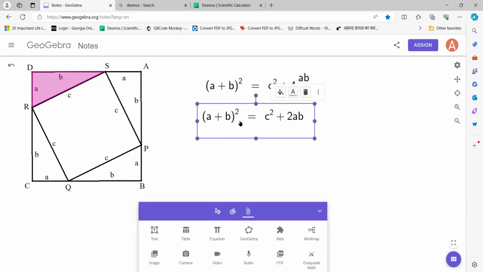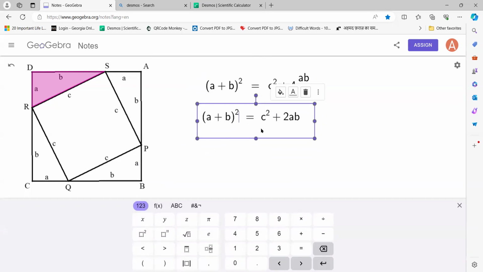And on the left-hand side, I can multiply A plus B by A plus B, and I will get A squared plus 2AB plus B squared.